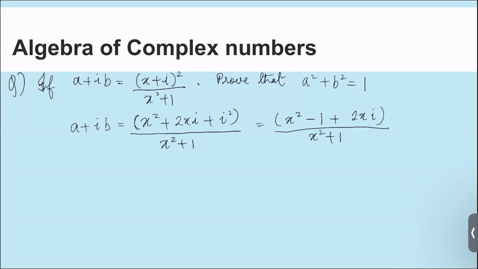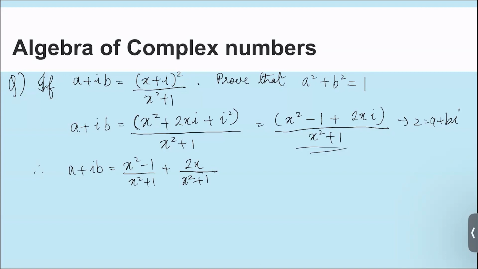So now you can convert this into the form of a complex number. Therefore, you can write a plus ib is equal to x squared minus 1 upon x squared plus 1, plus 2x upon x squared plus 1 times i. Okay, so you can get it in this form.